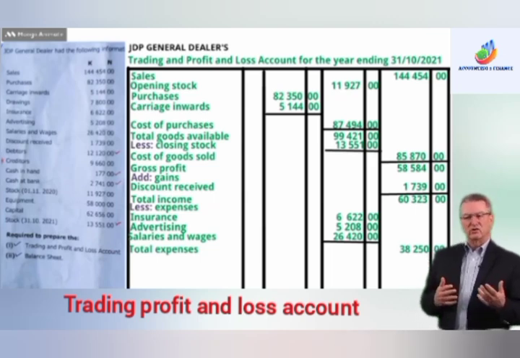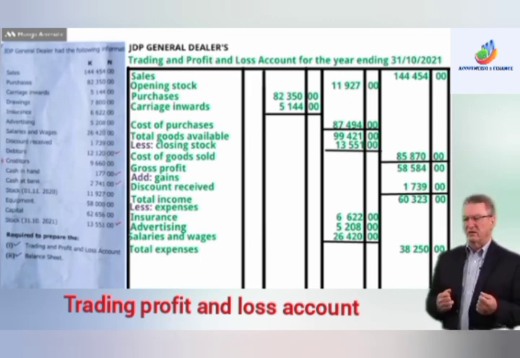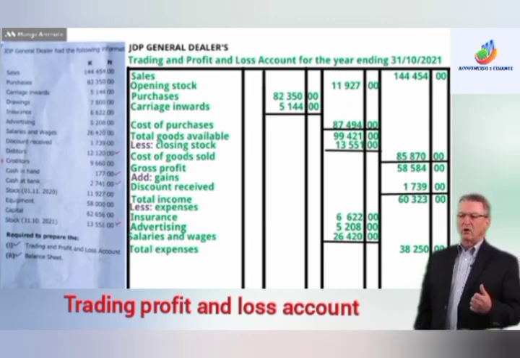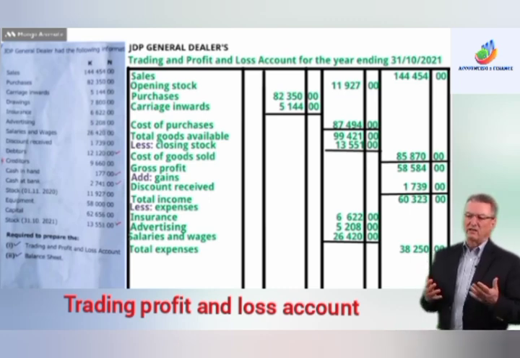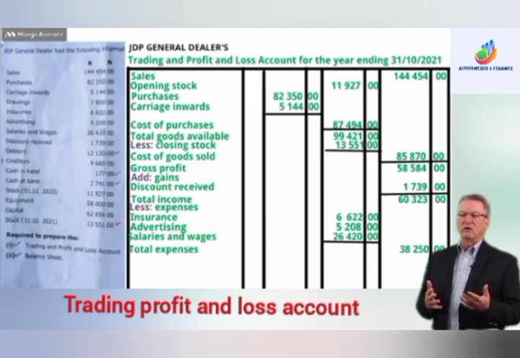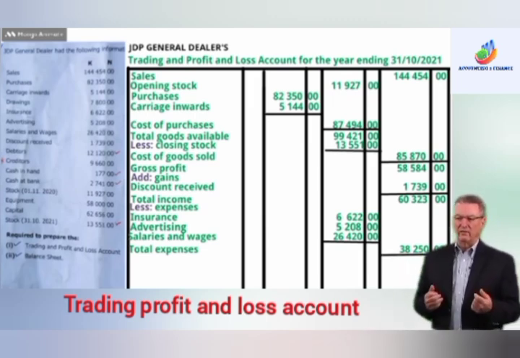When you add this, 6,622 plus 5,208 plus 26,420, it's going to give us 38,250 kwacha. Remember these are expenses, so we need to subtract them so that we see the actual profit.